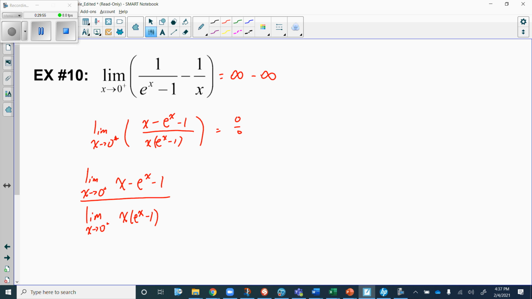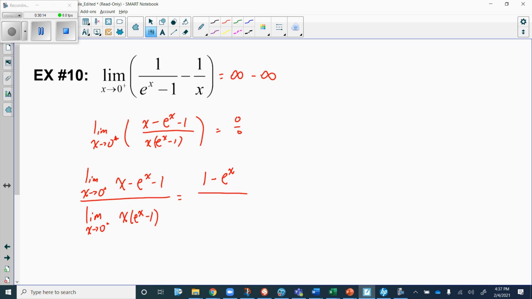And so now we're going to take the derivative of both sides in this case. The derivative of the numerator will be 1 minus e to the x power.